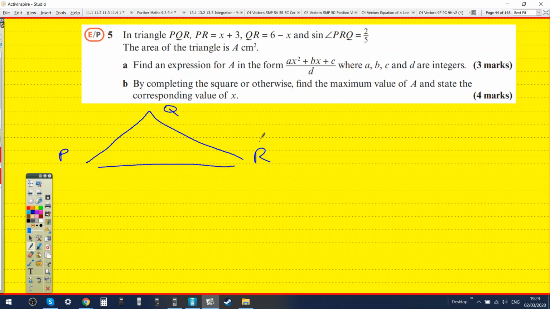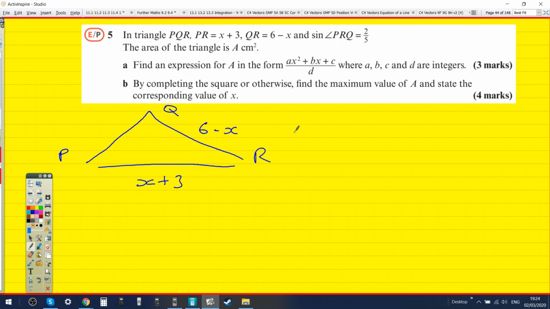So PR is x plus 3, QR is 6 minus x. Sine PRQ equals 2/5.